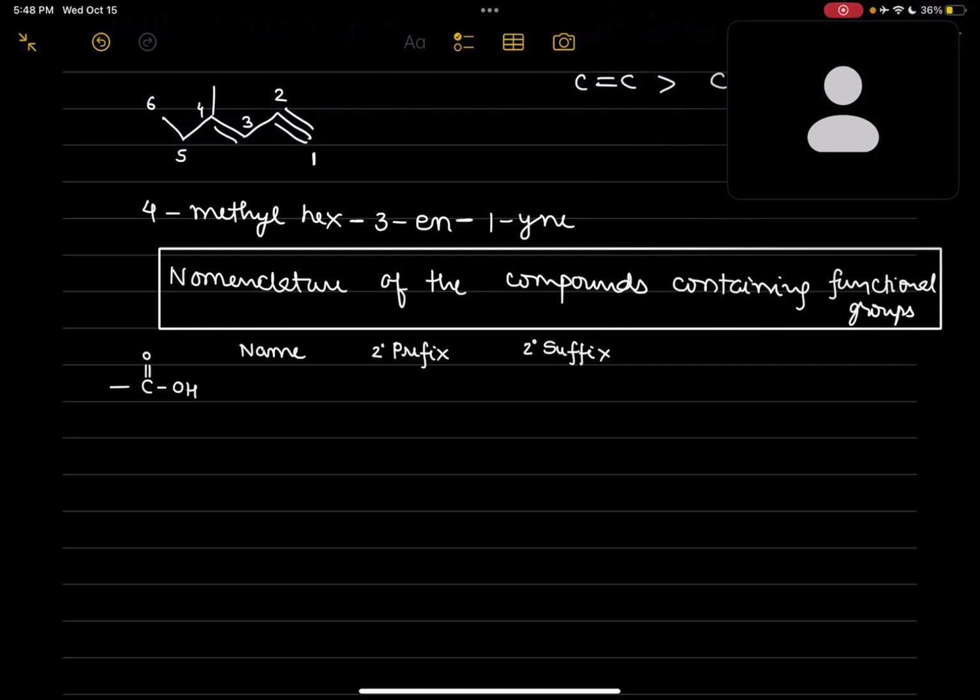The carboxylic acid. Name is carboxylic acid. Prefix is carboxy. And suffix is oic acid.